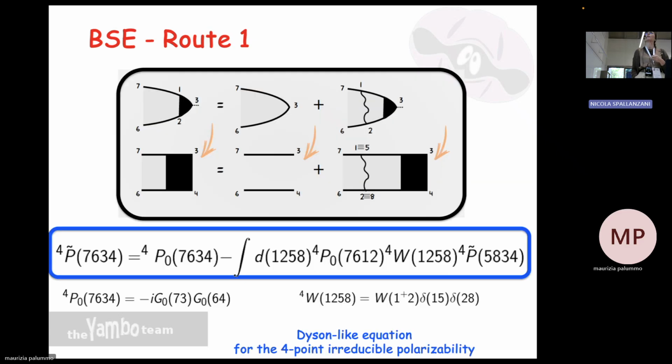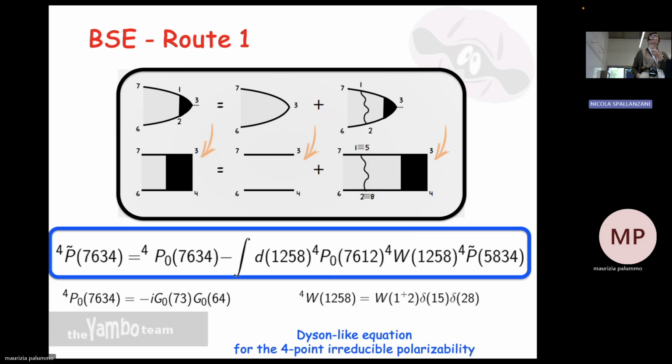And then finally, what we can do is open this point here to two different points. And you see here, you have a correlator, a polarizability that here I call P tilde, that are the two independent propagators with, again, the same equation.